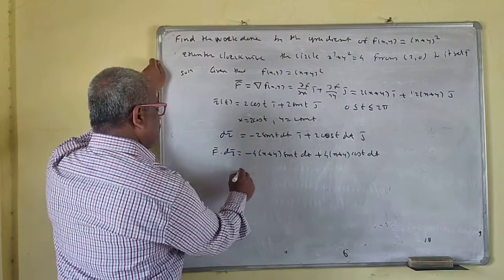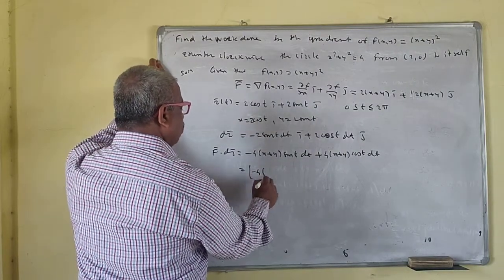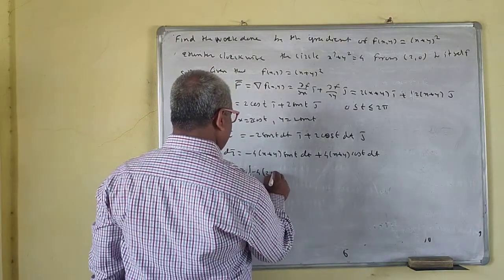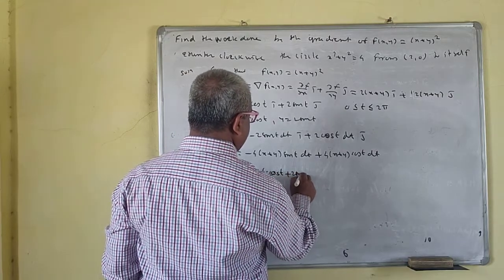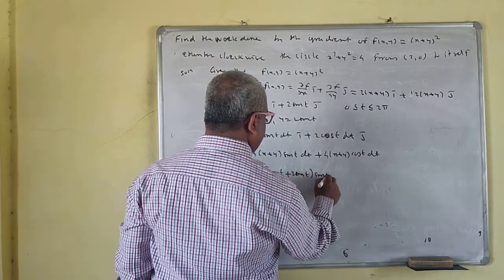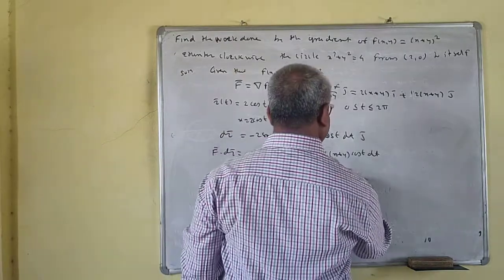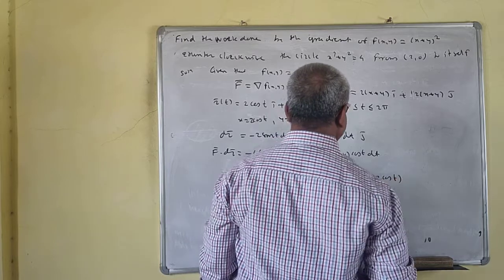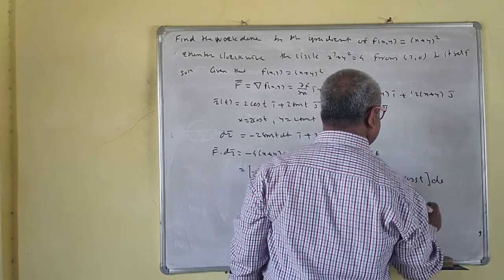Now what is your x? x is 2 cos t, so minus 4 (2 cos t plus 2 sin t) into sin t plus 4 (2 sin t plus 2 cos t) into cos t dt.